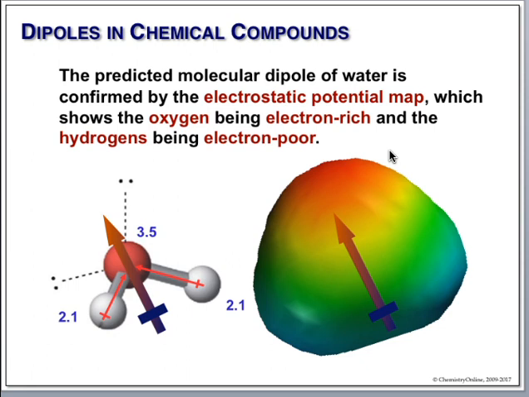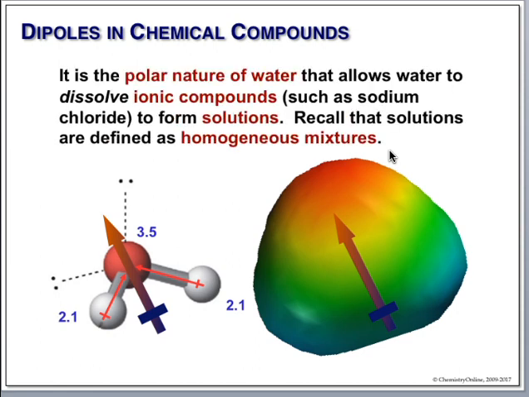It's the fact that water is bent in geometry and that it has this significant dipole that makes it such an amazing solvent. The polar nature of water allows it to dissolve ionic compounds to form solutions, and we remember that's the same thing as a homogeneous mixture.